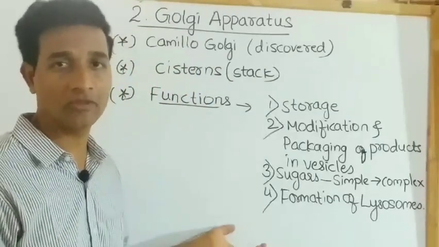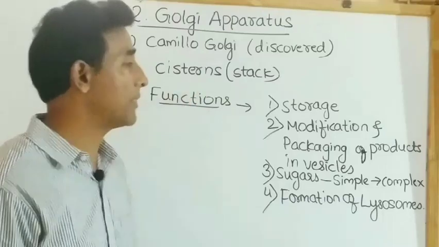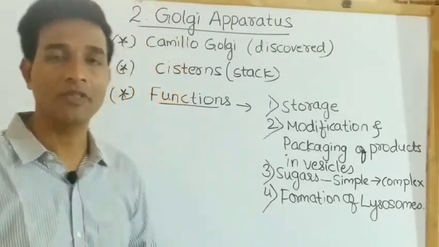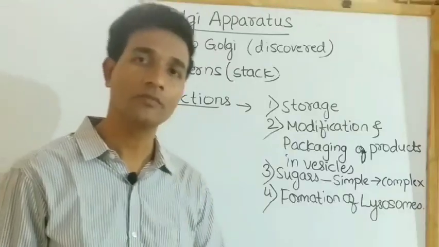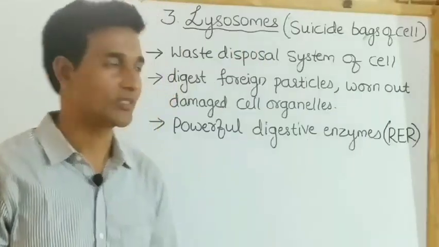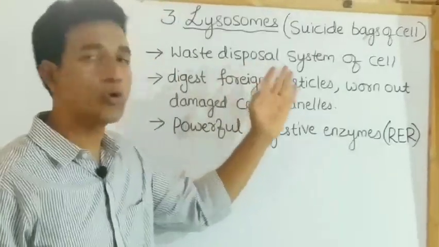Thus, the Golgi apparatus helps in packaging the materials from the endoplasmic reticulum to the other parts of the cell. What are lysosomes? Lysosomes are a kind of waste disposal system of the cell.